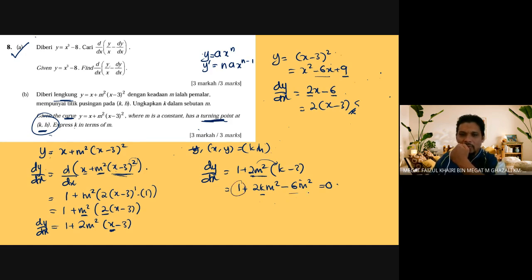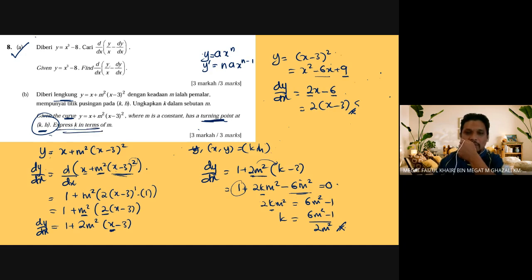So 2km² equals 6m² − 1. So k here equals (6m² − 1) divided by 2m². Okay, so we expressed k in terms of m. This is the one.